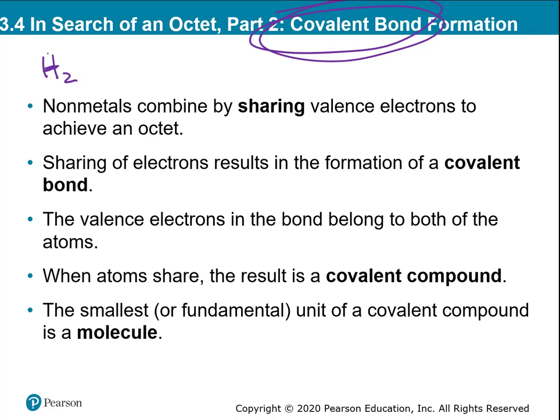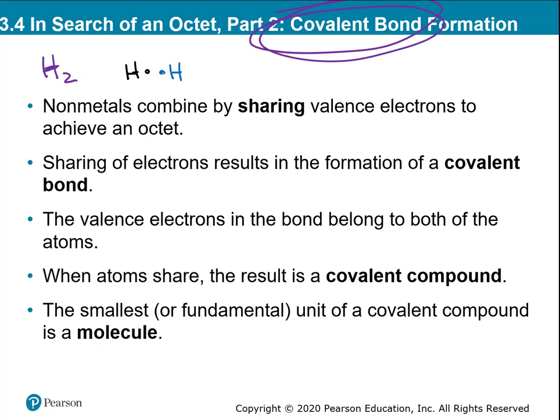But if I have H2, which is how hydrogen exists, and I draw them with their Lewis dot structures, so I have this little black hydrogen, and then I'll put a little blue hydrogen across from it. Unlike sodium and chlorine, where sodium only has 1 and chlorine has 7, so sodium just as soon gives up its electron to the chlorine, creating the ions, with these, do you agree that one hydrogen cannot pull an electron from the other?